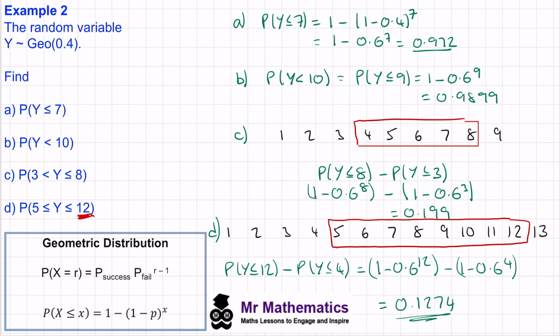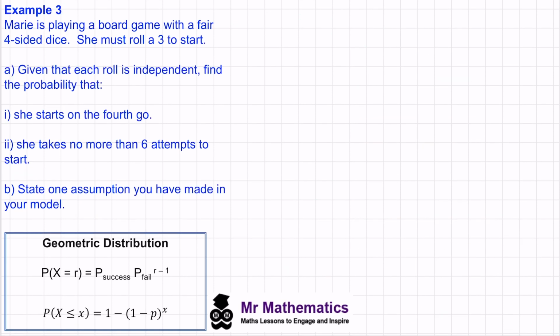So we're going to try one more question which places this in a real life context. So here we've got a typical exam question. In example 3, we're told that Marie is playing a board game with a fair 4-sided dice, and she must roll a 3 to start. So it's because she must roll a 3 to start, but first occasion she gets a 3, she starts. This is what makes it a geometric distribution.